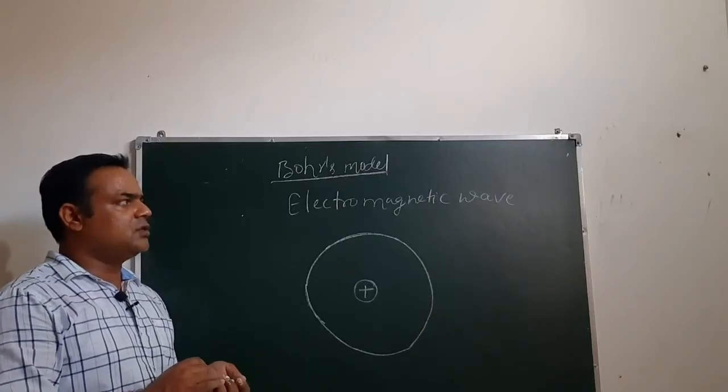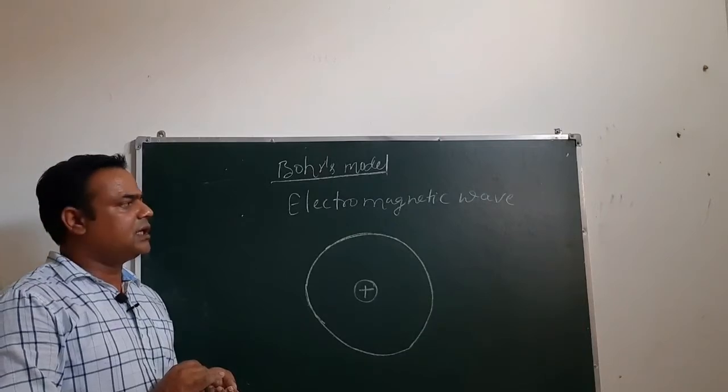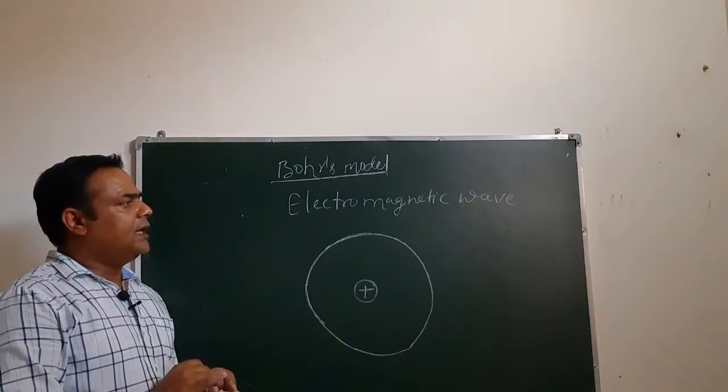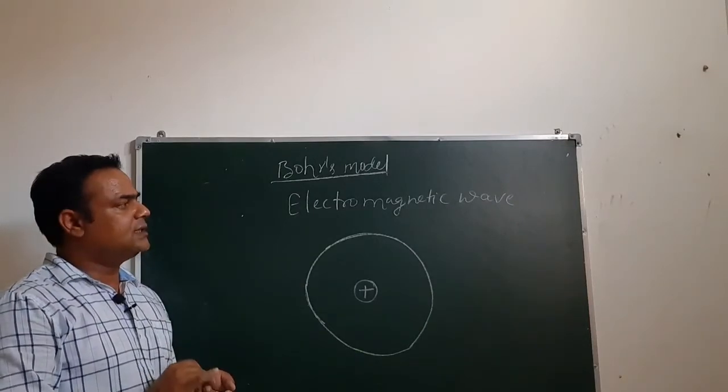According to Maxwell's electromagnetic wave theory, whenever a charged particle moves, it emits electromagnetic radiation in the form of h mu, and when it emits radiation, its energy decreases, its kinetic energy decreases.